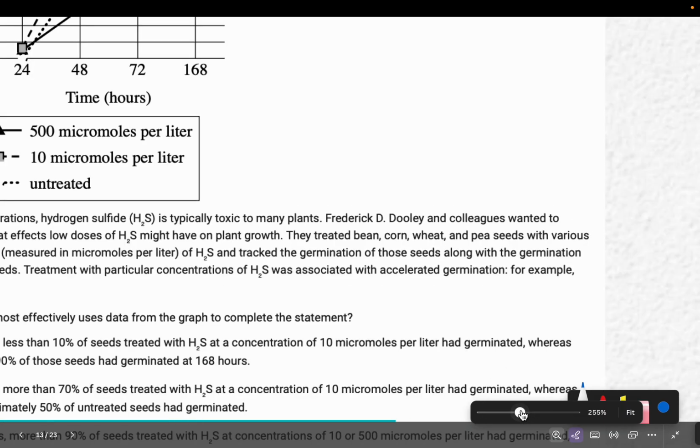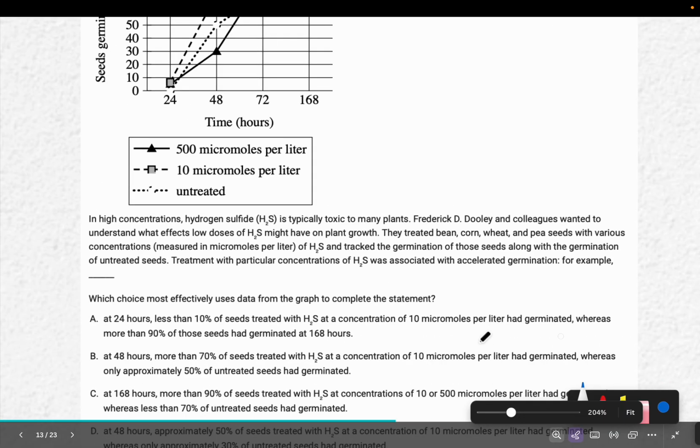The claim in this question is that some concentrations of H2S, hydrogen sulfide, lead to increased germination growth. Okay, it's germination growth.